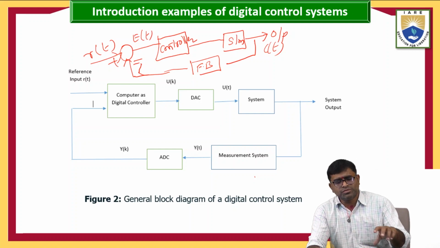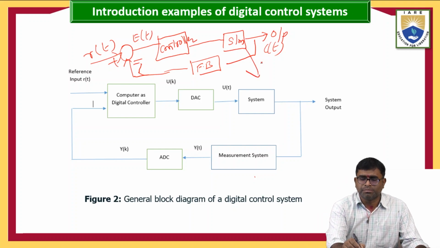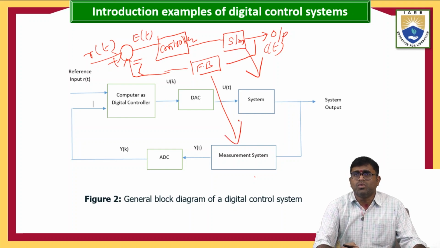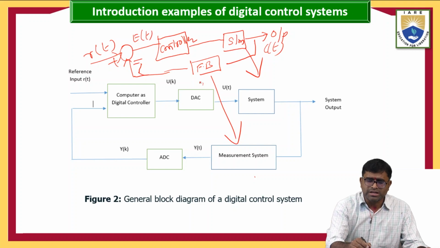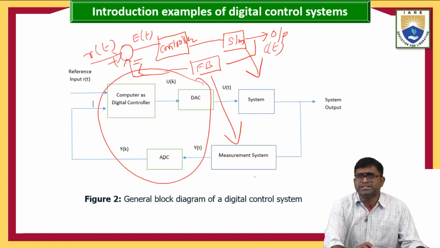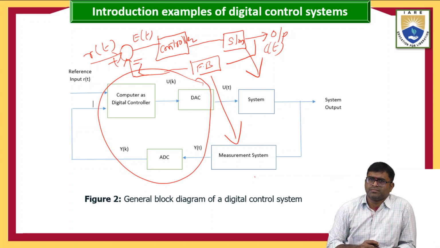Now I am going to the digital control system. Your system is the same, and the feedback is the same. Only in the controller part, we have the digital computer, an analog to digital converter, and a digital to analog converter. This is your block diagram.